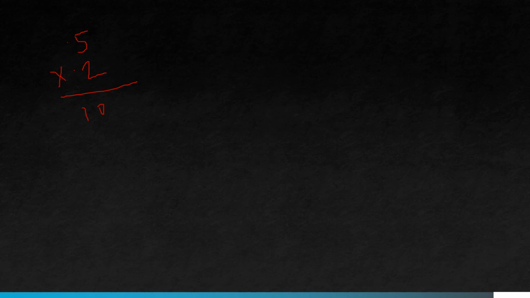In 0.5 we have one digit, and here also we have one digit. So you have to count the digits and add them, 1 plus 1 is 2. You have to place the decimal after two places.